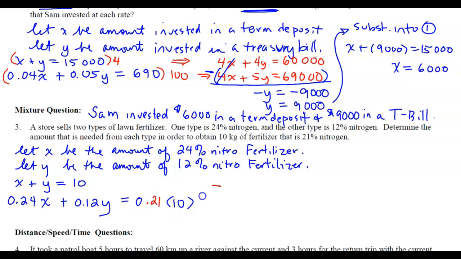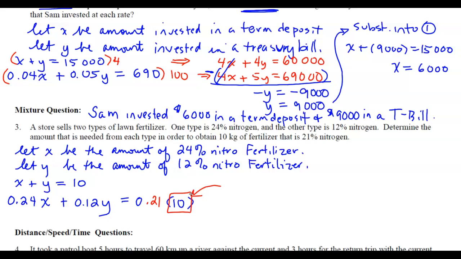This 10 is the biggest issue that students make. If you forget it, then your equations are going to be really weird and they're not going to make sense. So if that happens, then probably you missed putting in the final mass of the third bucket that you're making this mixture with. Now, last one I did by elimination.